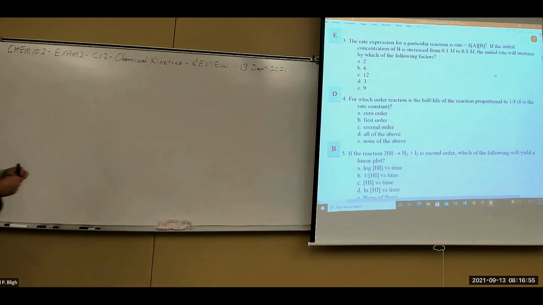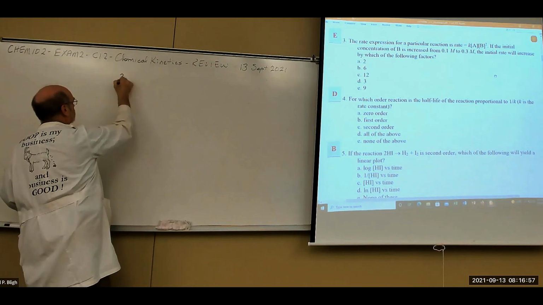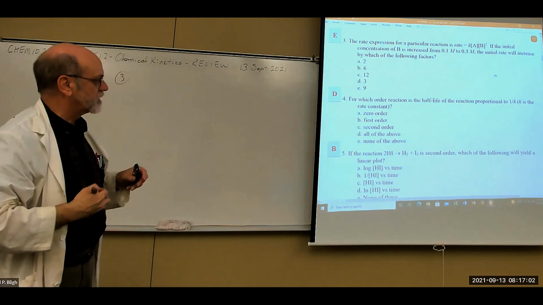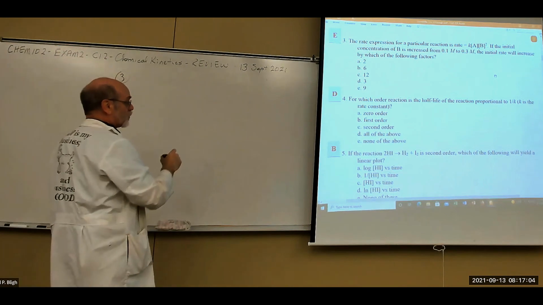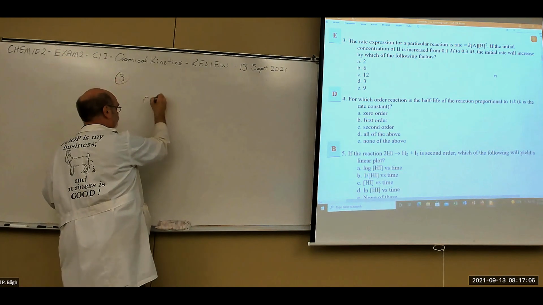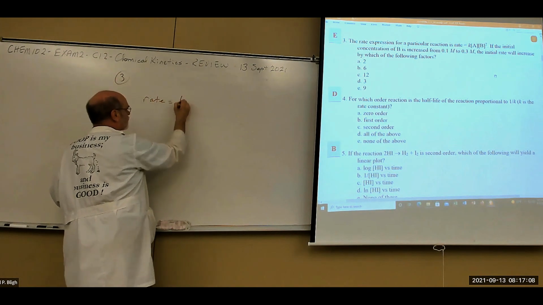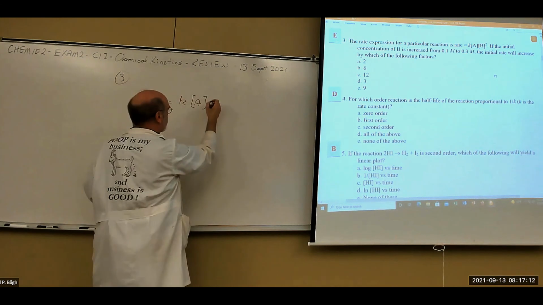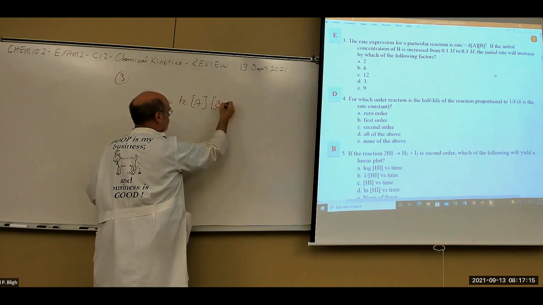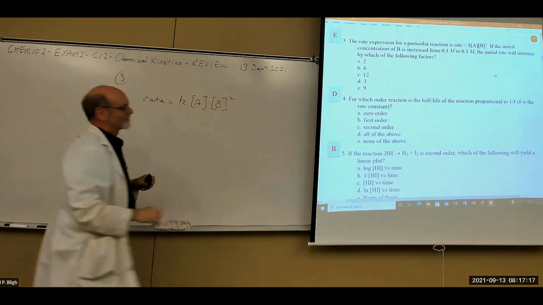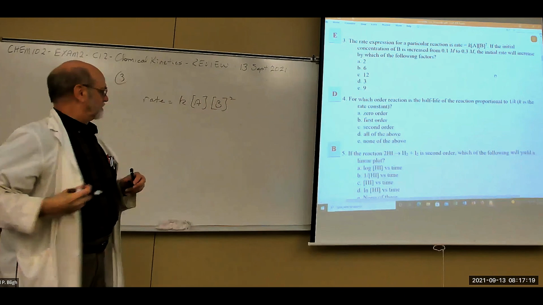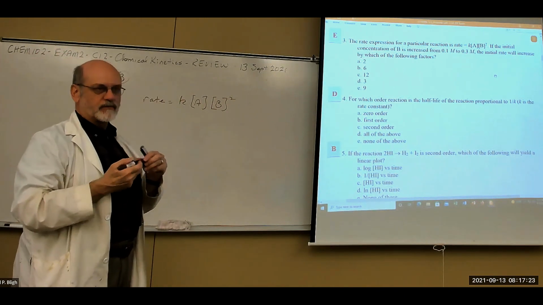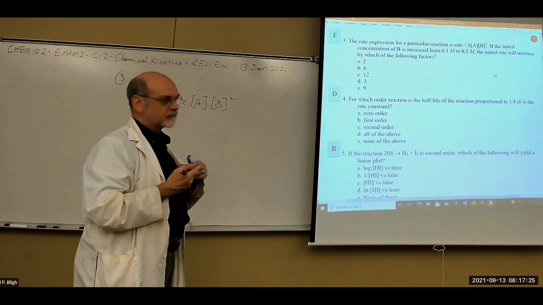Number 3 says the rate expression for a particular reaction is rate equals K, and then this reactant to the first power, and this reactant to the second power. I like to pull things out of the word problem and put them up on the board because word problems are designed to confuse.